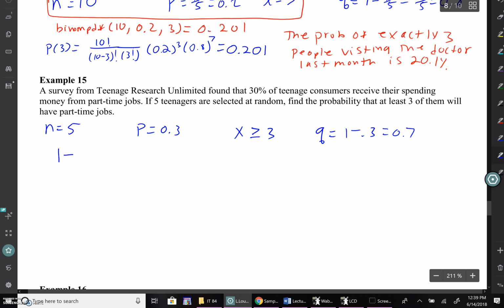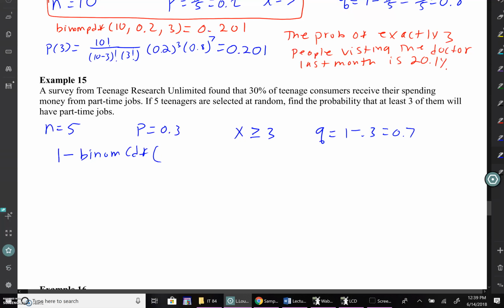We have to do 1 minus my binom CDF, because your calculator can only find from a number down. It can't do from a number up. So we're going to find the complement. The binom CDF is going to find from 0 up to 3. And then we're going to do 1 minus that to get the amount we're actually interested in.